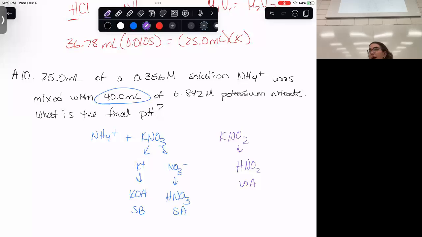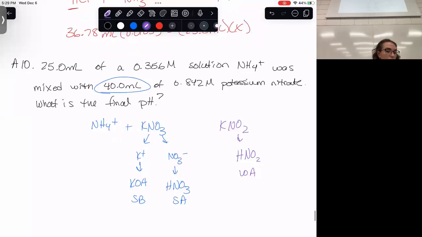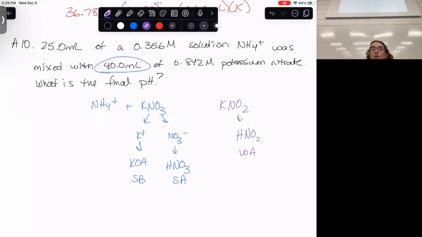Okay, so now that we know that this is just contributing volume, we can do our rice table or ice table, whatever you like to use. If we're writing our reaction, we have NH4 plus, and what is that going to do? First of all, is this an acid or a base? This is an acid, right? So is that going to gain an H plus ion or remove an H plus ion?